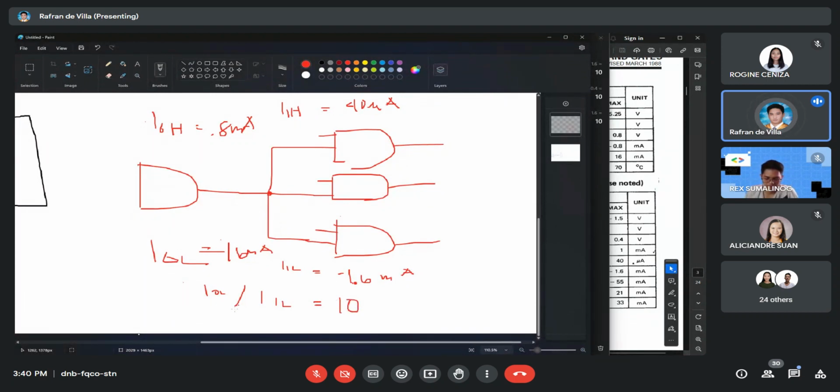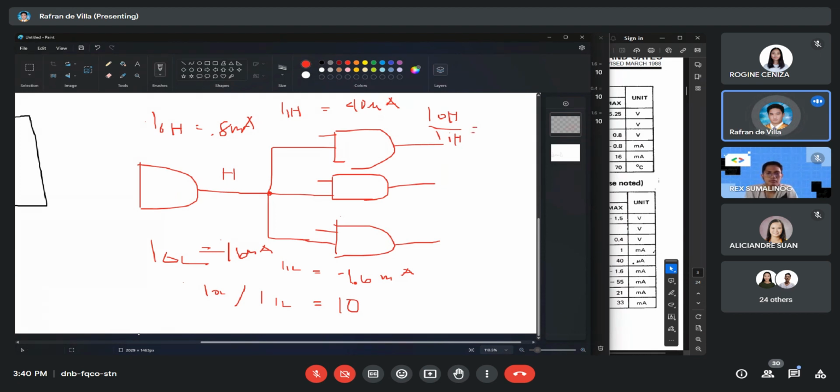So take note, kana is kung mag-output lang ka og low. You have to take note also guys that you need to also compute kung ang output sa gate diri is high. Diba? So naa pud tayo IOH divided by IIH.